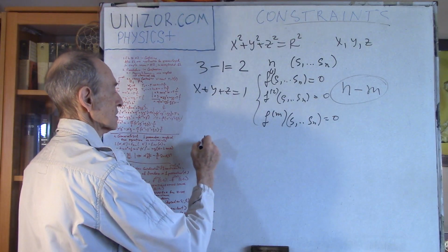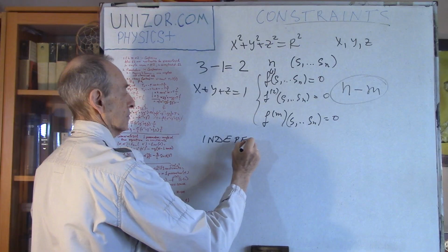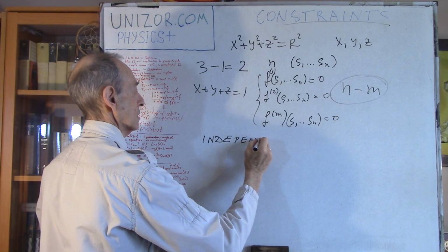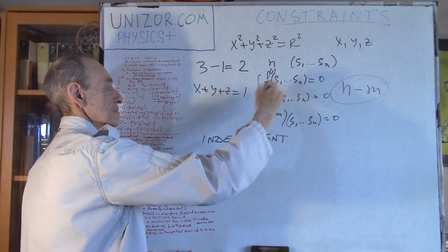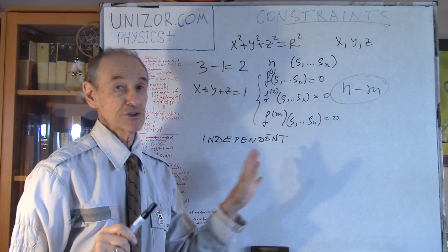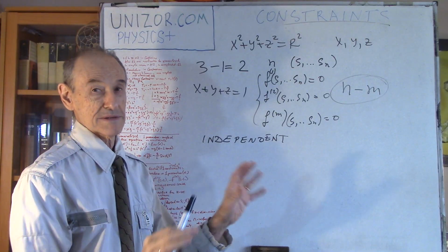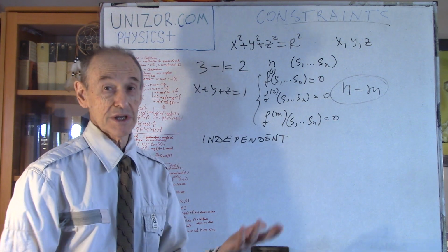So first is independence. They're not supposed to be derived from one another. Okay, I can actually define it slightly more mathematically, so to speak. You know what a gradient is, right?